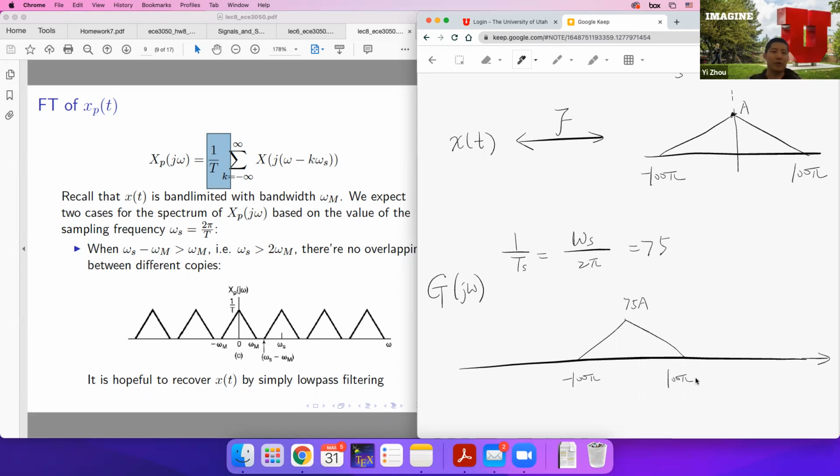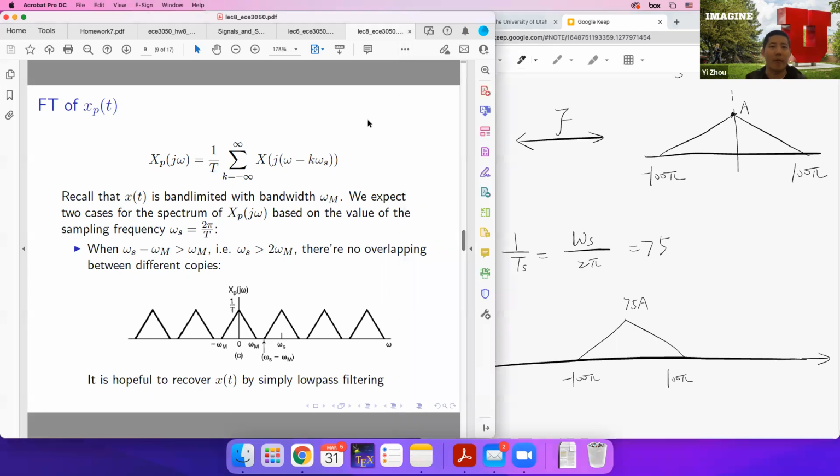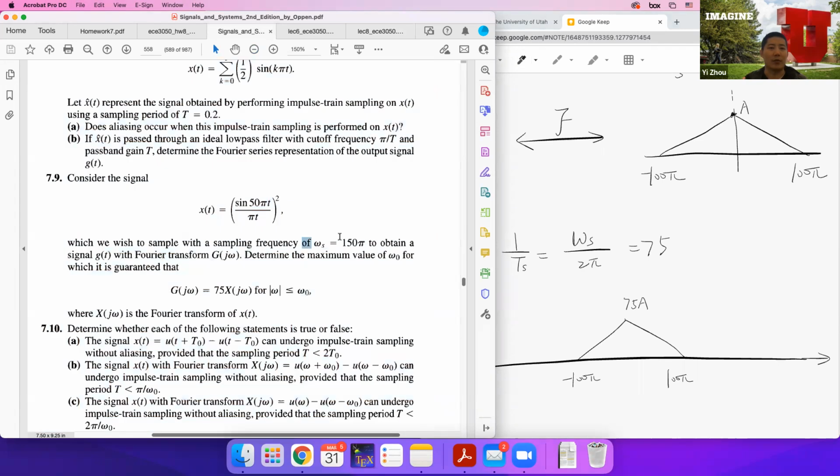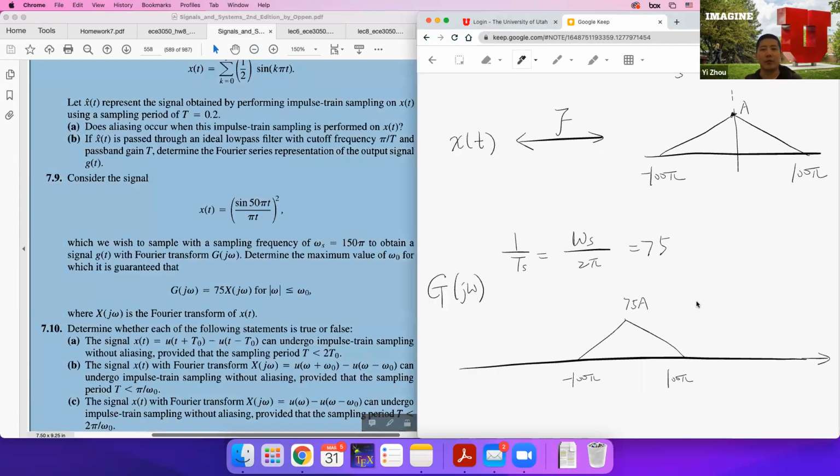And now we are shifting by the sampling frequency, 150 pi. So the second one will be taking this one and shifting it to the right by 150 pi. This one will become 50 pi.